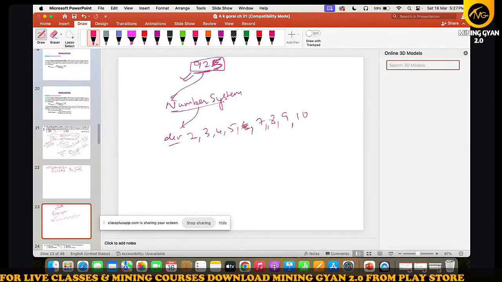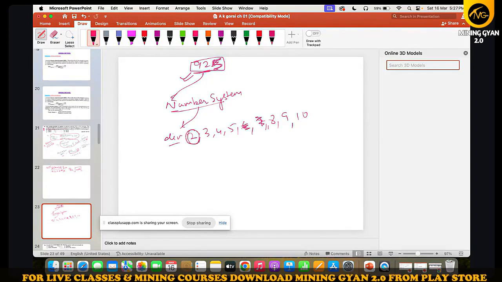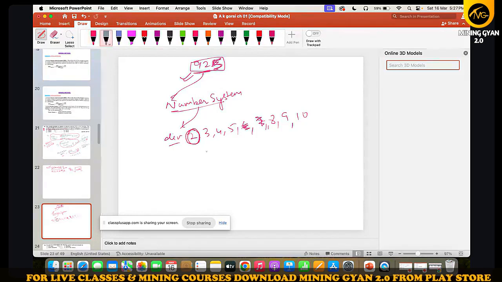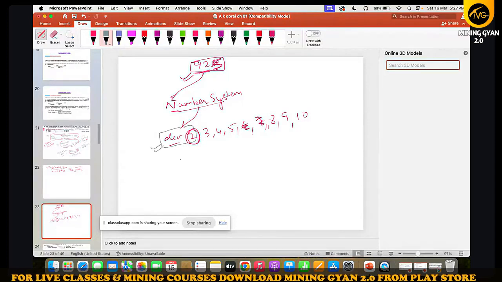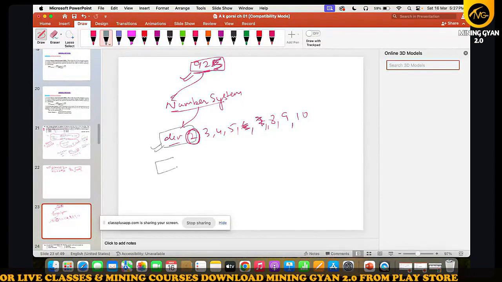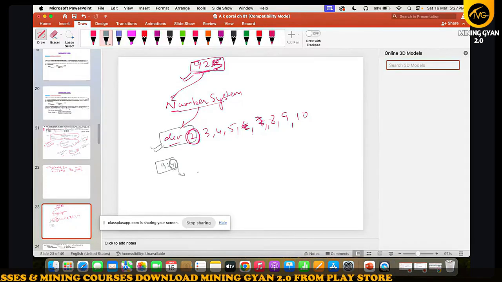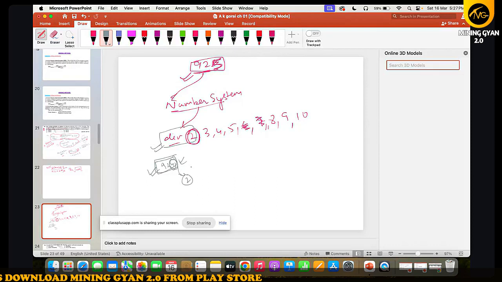I will show you this example. Okay, so if any number is divisible by 2, any number like 924, if the last digit is divisible by 2, then the whole number will be divisible by 2. This is the rule of divisibility.